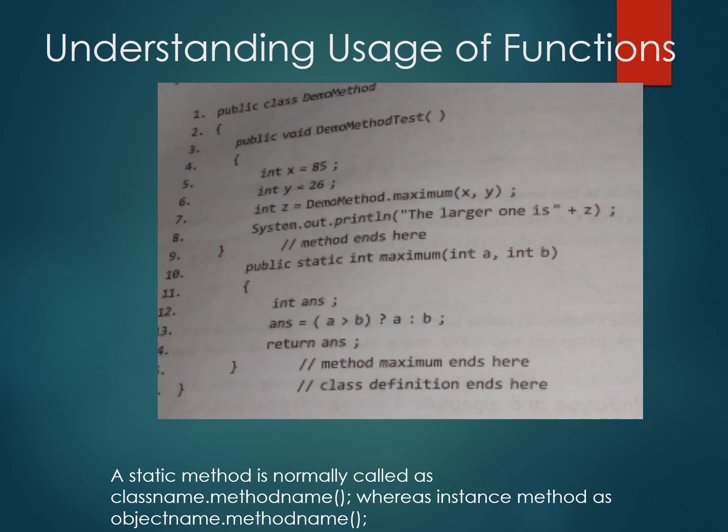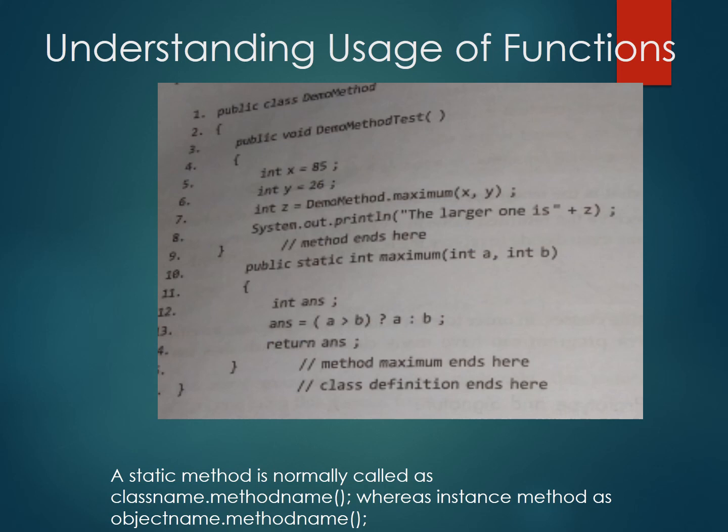One thing here you can see is that in the definition of the maximum method, it is written public static int. Int is the return type here, means this maximum method is going to return a value of type integer, and in demoMethodTest the return type is void, means this method is not going to return any type of value.